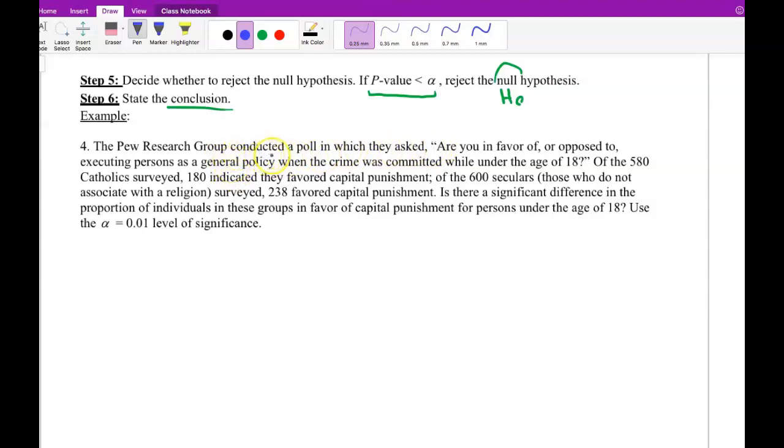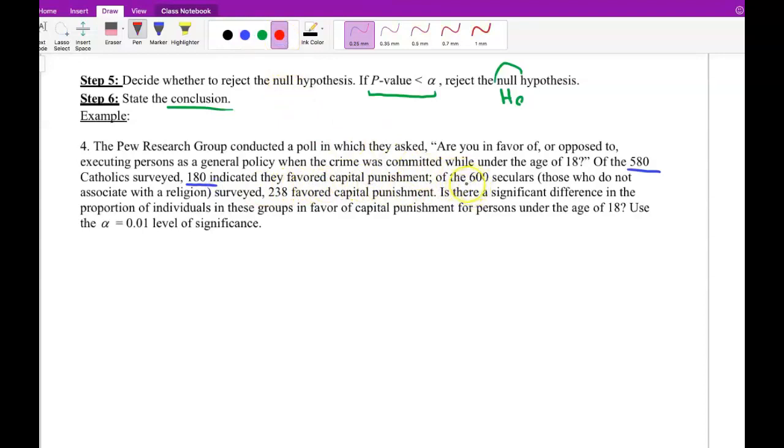This group conducted a poll in which they asked, are you in favor of or opposed to executing persons as a general policy when the crime was committed while under the age of 18? Of the 580 Catholics surveyed, 180 indicated they favored capital punishment.